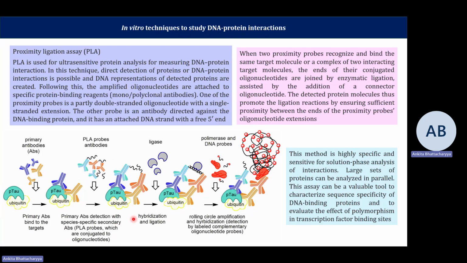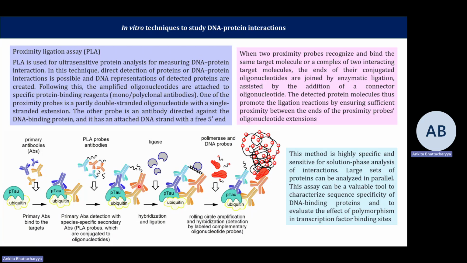Then hybridization and ligation of these two. To put it straightforwardly, when you have two probes which are in very close proximity to each other, and they are able to bind to the same target molecule, or they are located very close on DNA, it's actually a better method of protein-protein interaction study, but it can also be used for DNA-protein interaction.